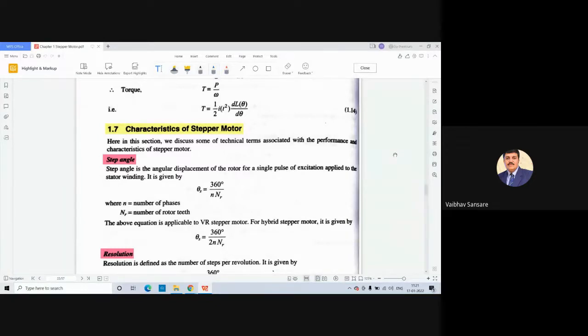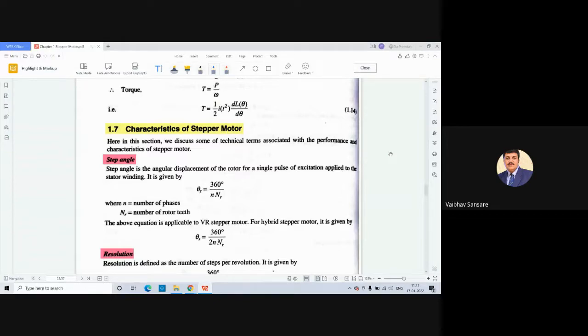That means after application of a single pulse of excitation to any one phase of the stator winding, by how much angle the rotor of the stepper motor will displace from its initial equilibrium position, that angle is generally termed as the step angle.